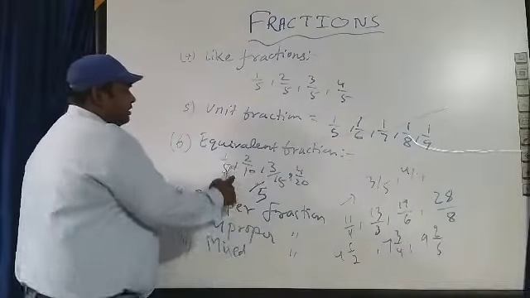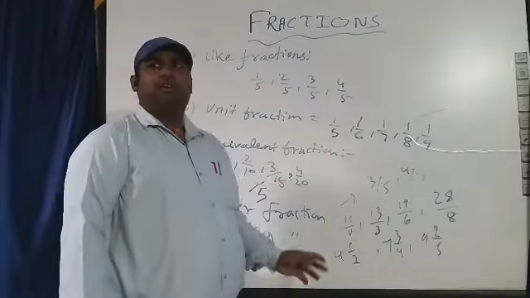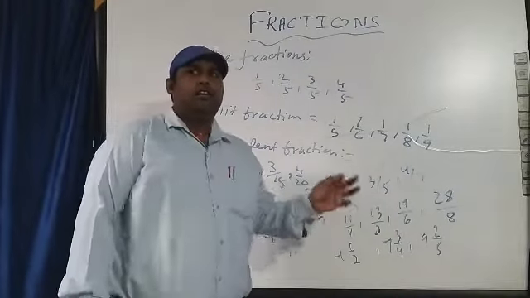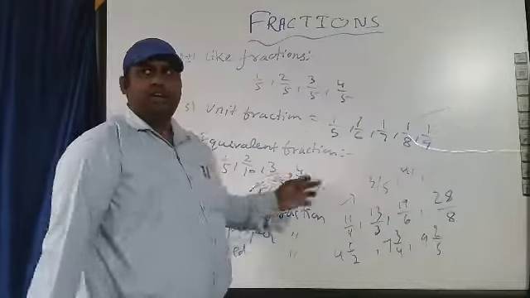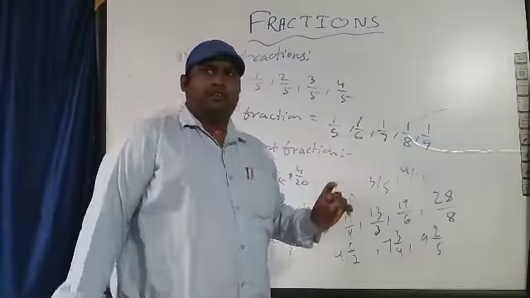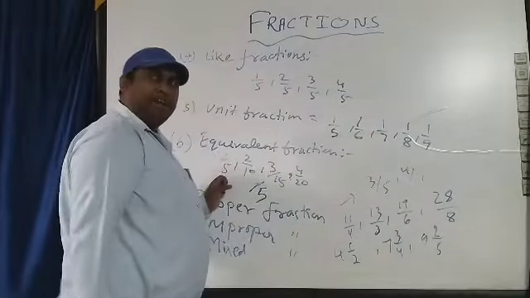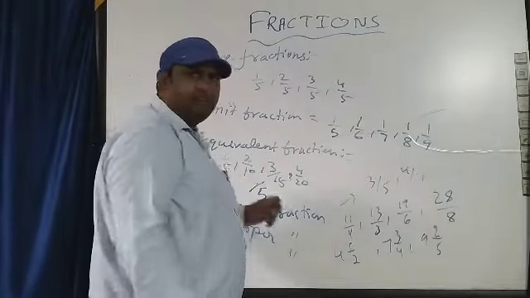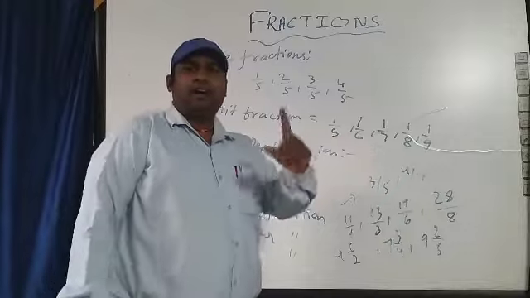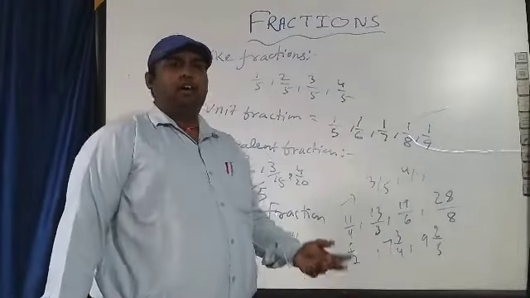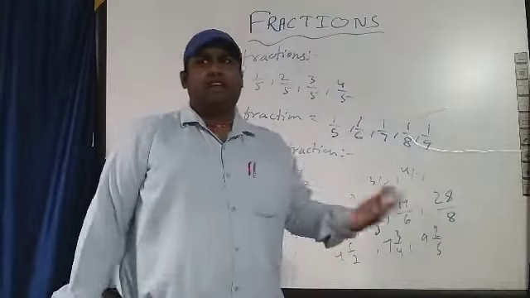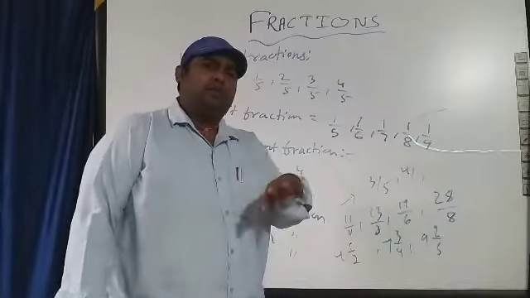When you reduce all, you will get 1 by 5 only, meaning all are equal, and that's why they are known as equivalent fractions. We can write an equivalent fraction of a given fraction by multiplying the numerator and denominator with the same number.